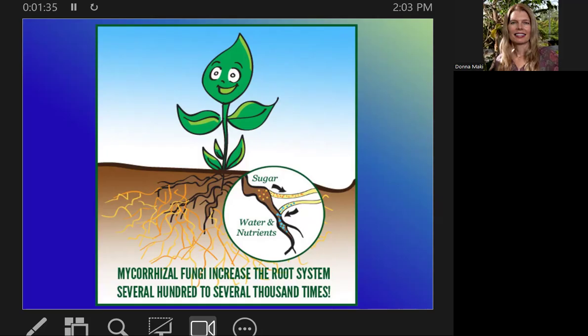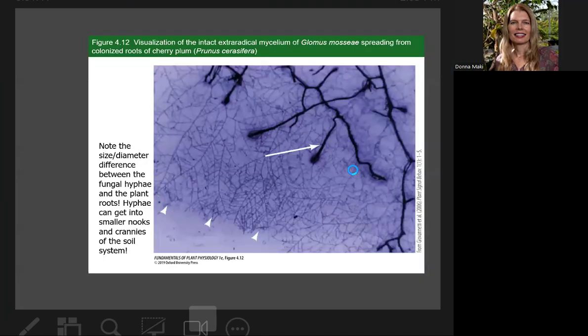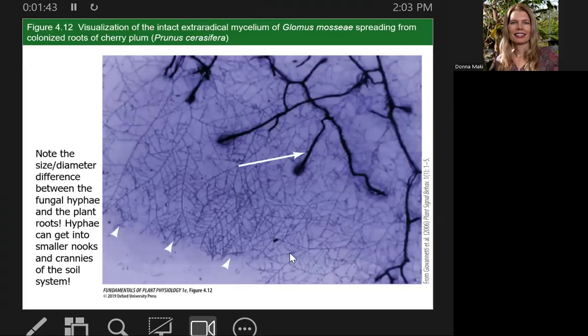Those are the hyphal filaments that are going off into the soil. And so this picture, I think we looked at, and how the fungal hyphae are much more petite than even the finest plant root. And that really can help the plant get access to areas of the soil that it itself cannot reach with its thicker plant roots.